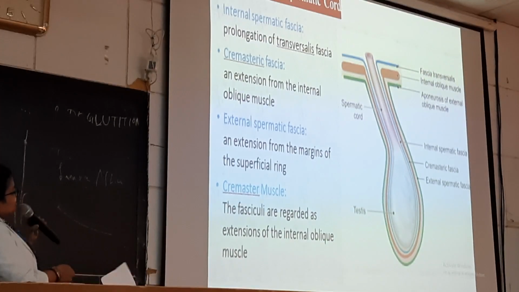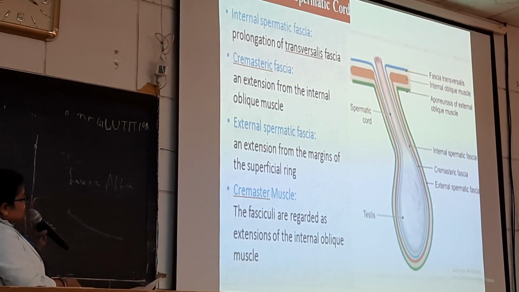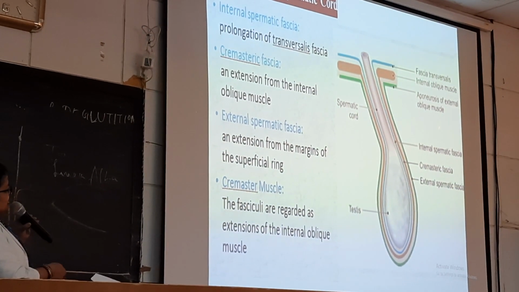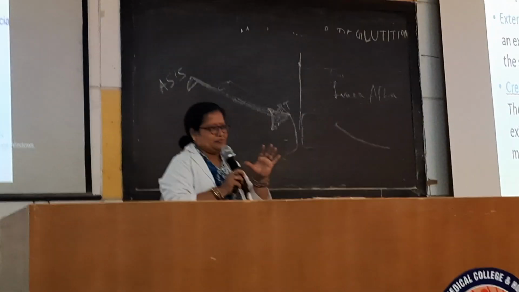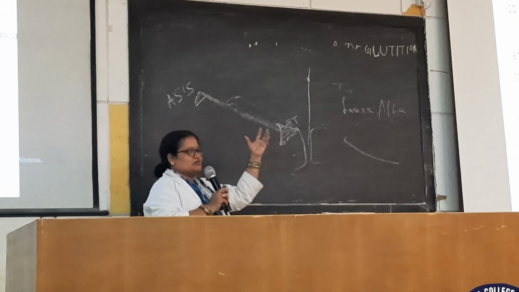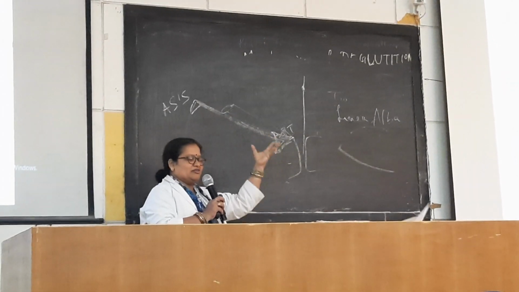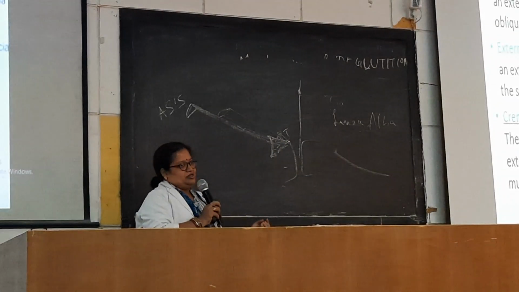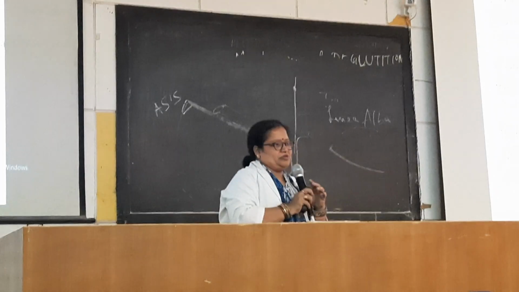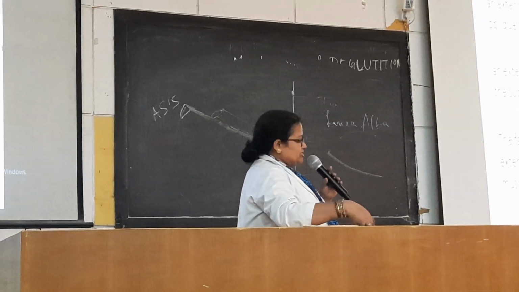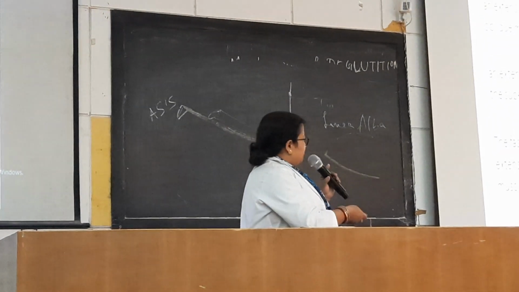And the external spermatic fascia is derived from the external oblique aponeurosis. So it takes its derivatives from all the layers of the abdomen. So we say that the scrotum is a mini abdomen. This justifies that the scrotum is a mini abdomen.